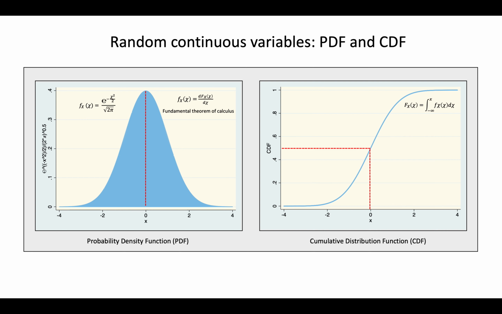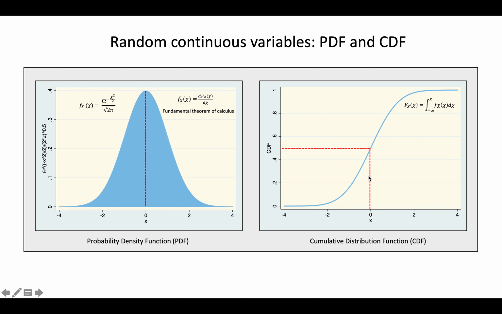And I was mentioning that the CDF is a little bit different from the PDF, because the PDF is the area under the curve, and then the cumulative distribution function is the probability that the x value would take more than that value.